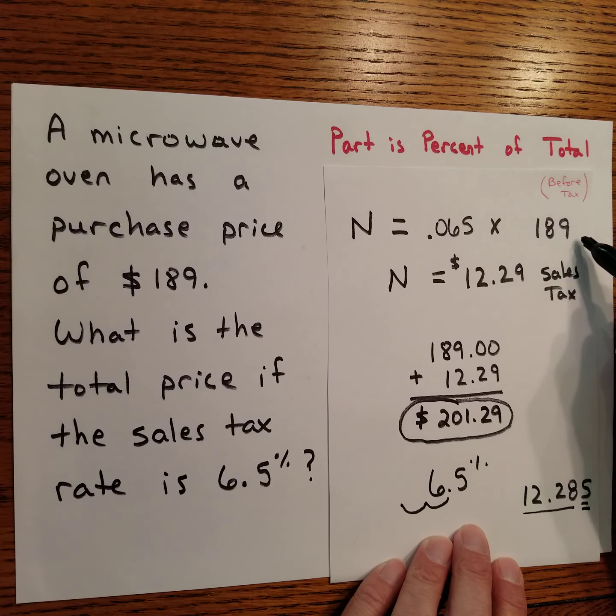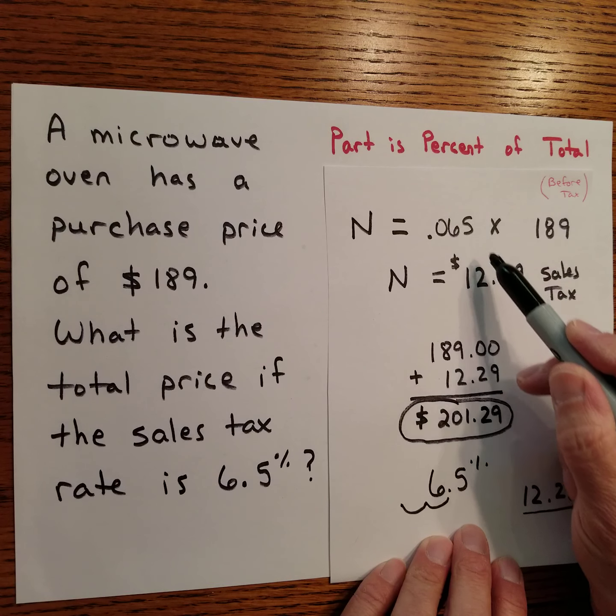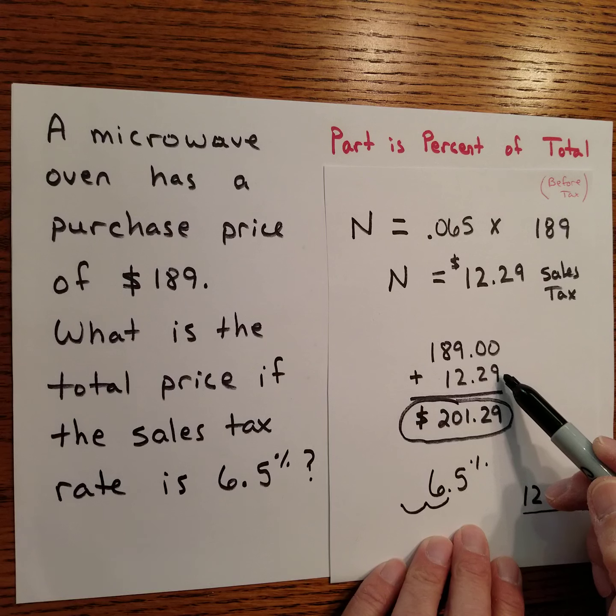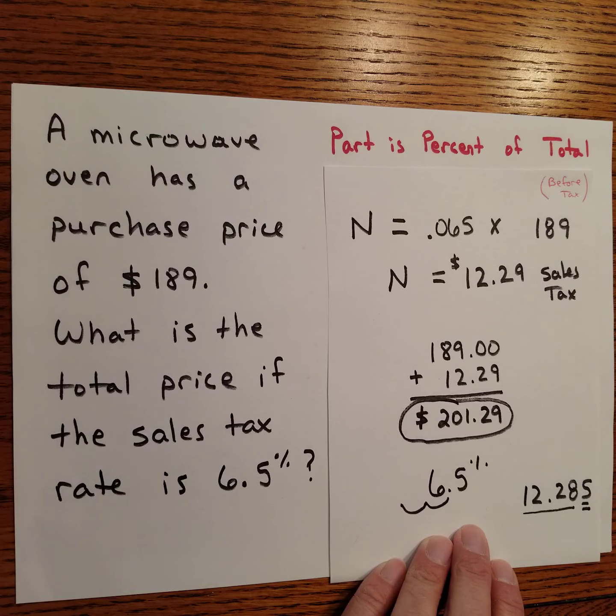The $189, that was the total cost before tax. Find the tax of $12.29 and add that on to get the total cost after tax.